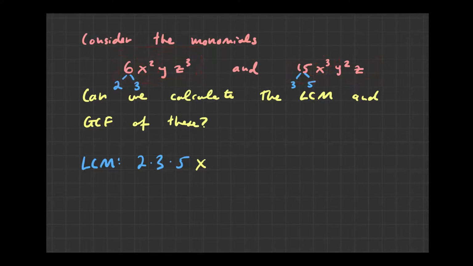We're going to need at least 3 x's. In fact, we need exactly 3 x's, because if we have any more, then it's not going to be as small as possible. So we want to choose the smallest number possible that will be at least as big as all of these exponents. So I've got 2 times 3 times 5 times x cubed.